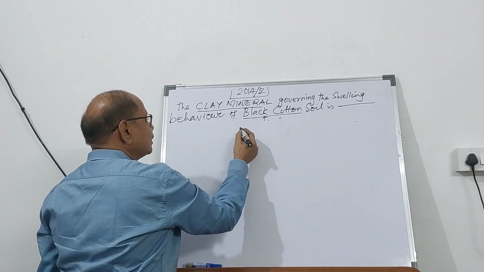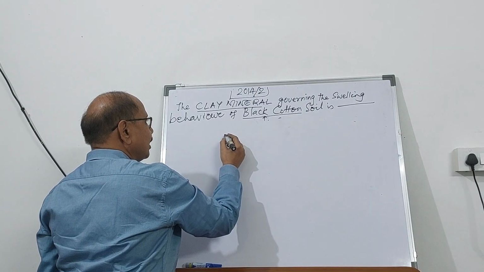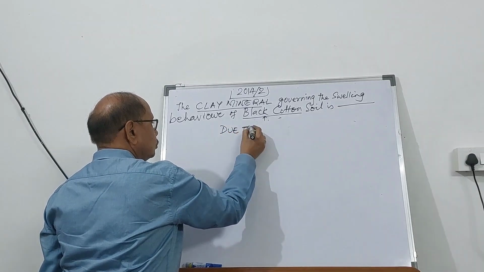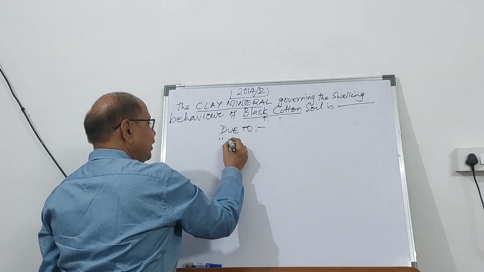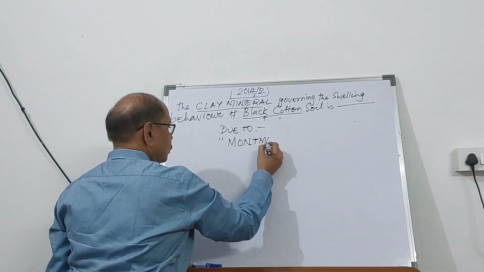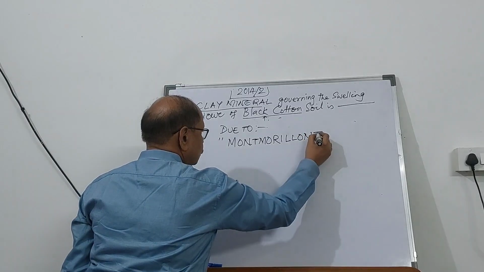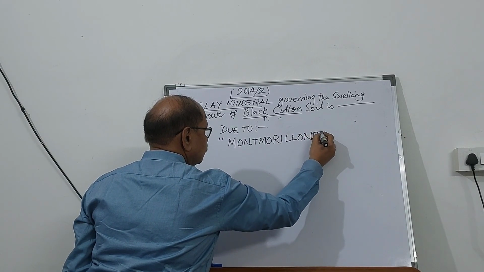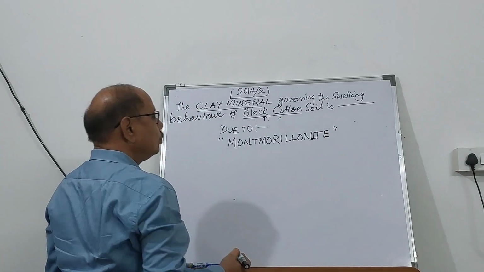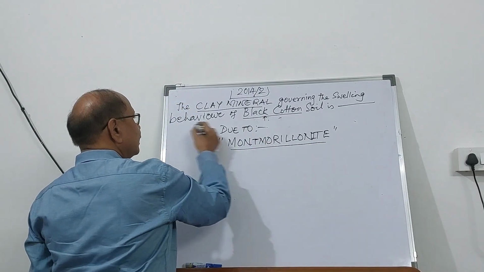You know the answer: black cotton soil is highly expansive, having swelling behavior due to a clay mineral known as montmorillonite. So this clay mineral is responsible for the swelling behavior.